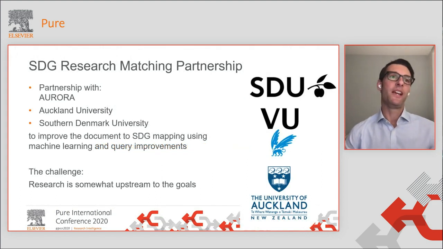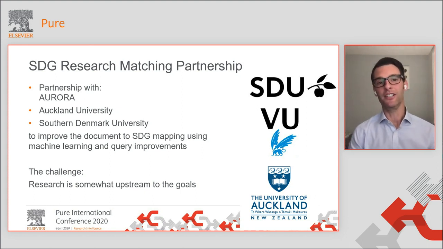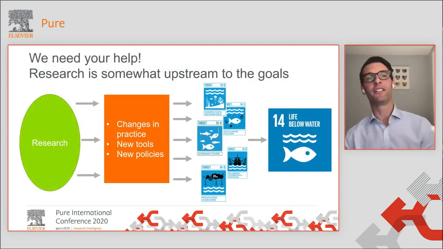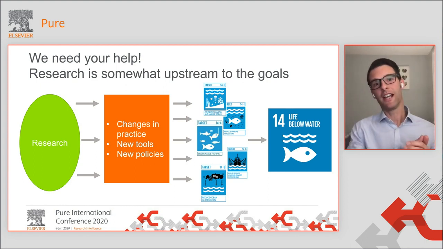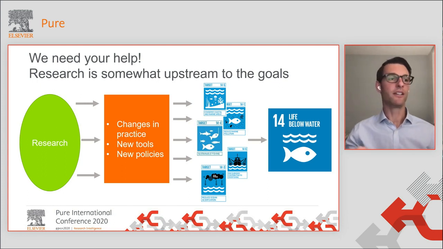But the issue is that the research that's mapped to these SDGs is somewhat upstream from the goals. So what I mean by this is when you look at the research that comes in, the research is produced, and then that research can go in to influence things like practices in policy. It could influence new tools which are created.